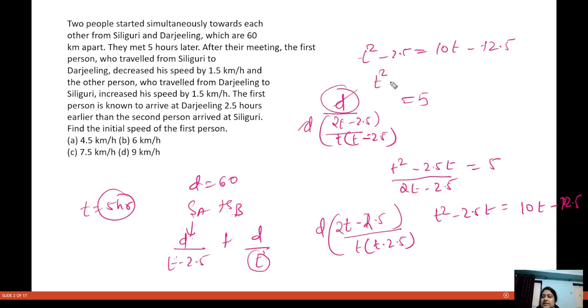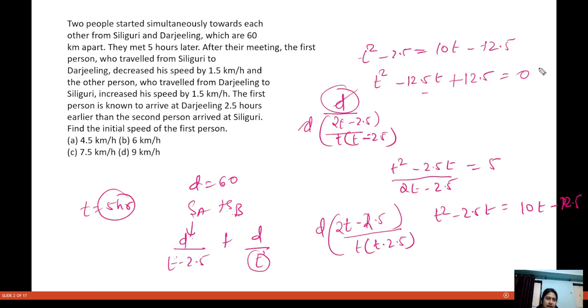And now when you do this, you have t square minus 12.5t and plus 12.5, so you will get this equal to 0.